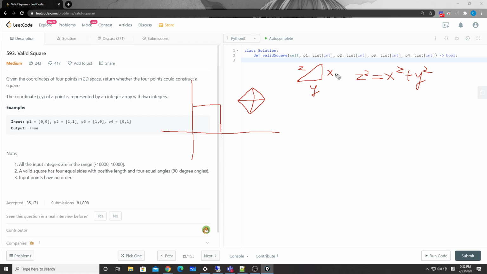So with these two things, we can calculate each edge. Let's say there's points 0, 1, 2, 3. Basically, we need to calculate six distances and compare them, right? And another thing is that the input points have no order.